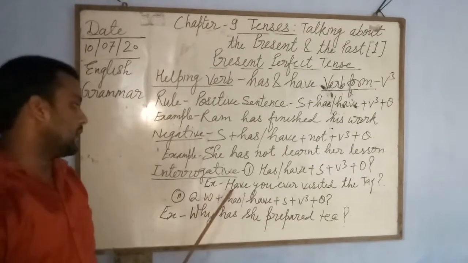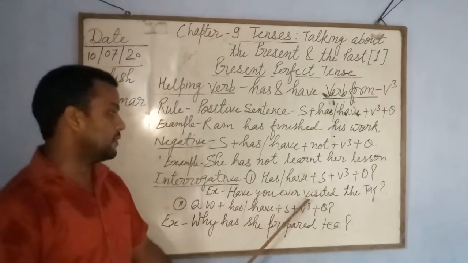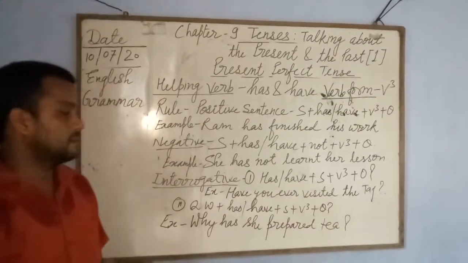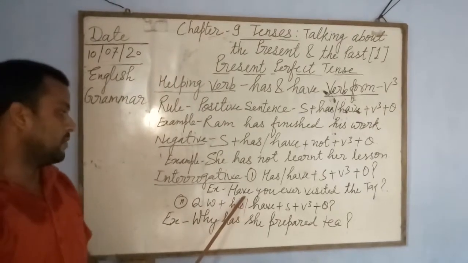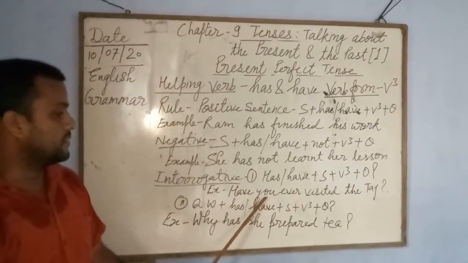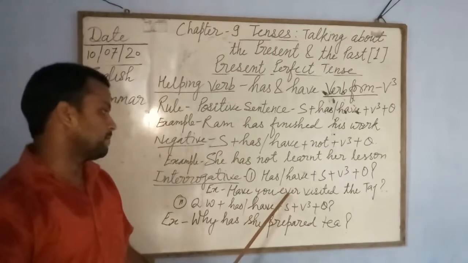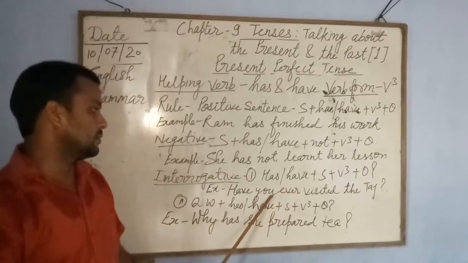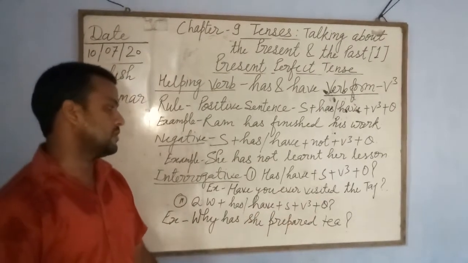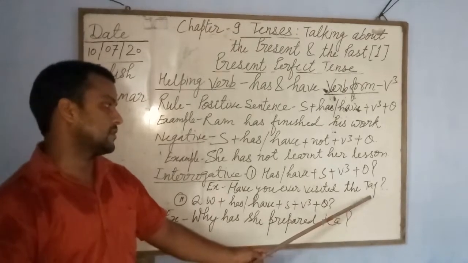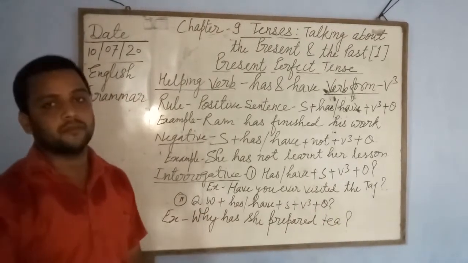See the example. Have you ever visited the Taj? Have is the helping verb according to the subject, then the subject you, after that the verb third form, visited, and the Taj is the object, and at last a question mark.